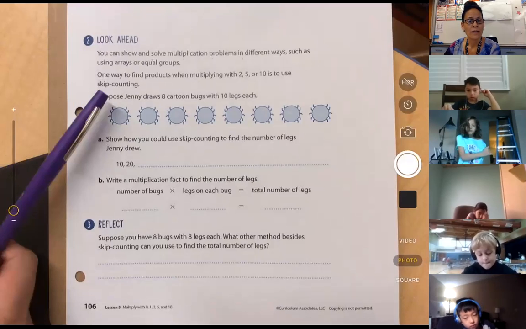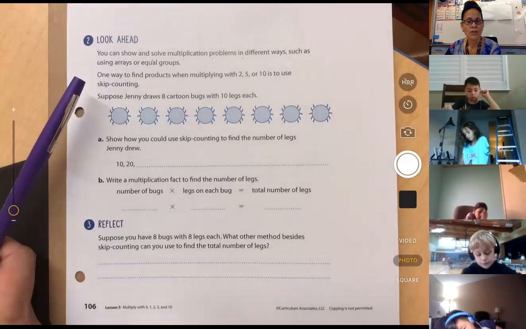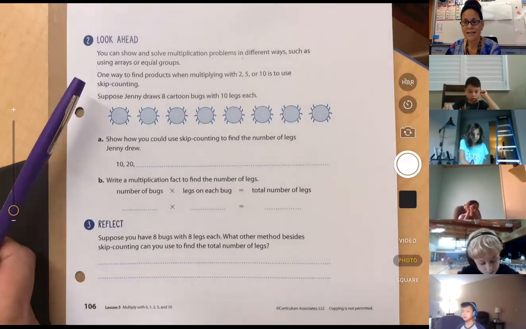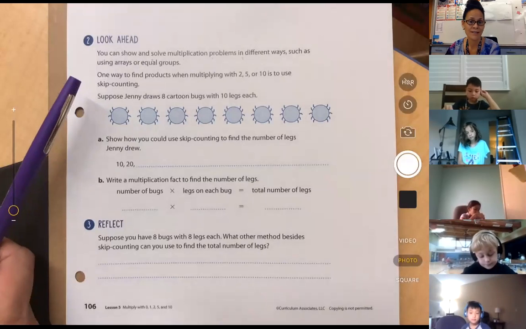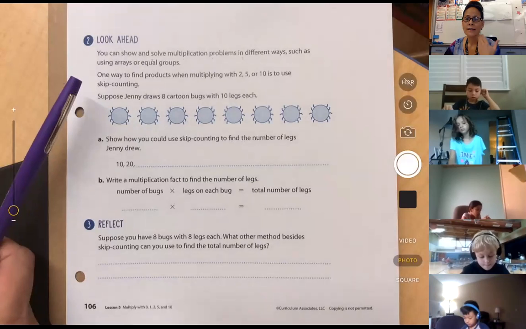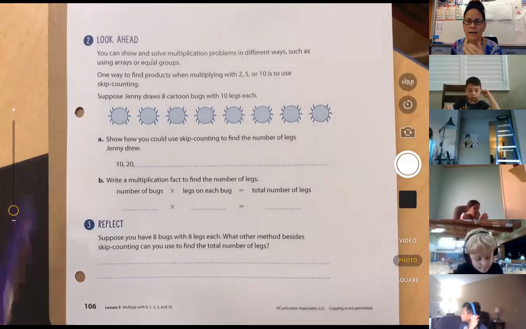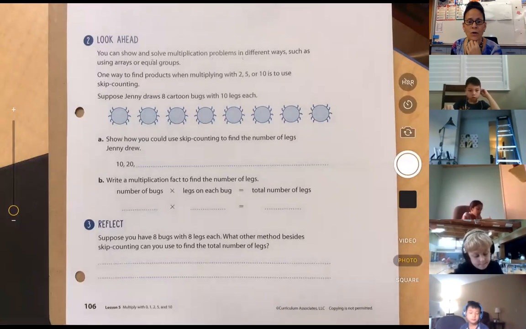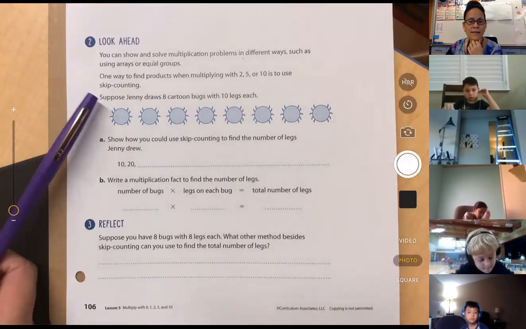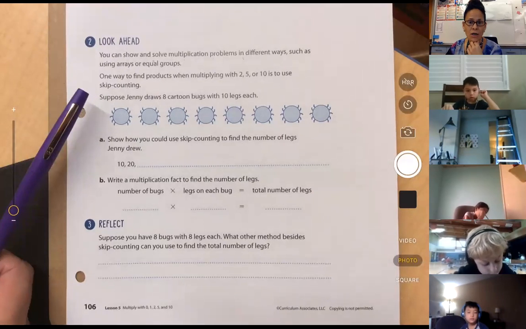And so one way to find products when multiplying with 2, 5, or 10 is to use that skip counting, and we just saw that. So let's take the problem from page 105 a little bit further. So let us say now that Jenny draws 8 cartoon bugs with 10 legs each.